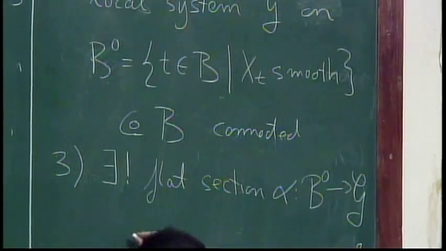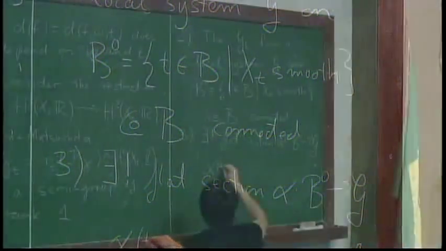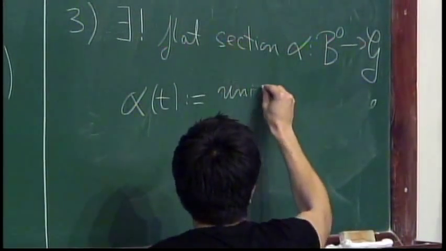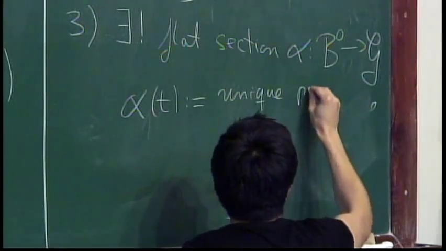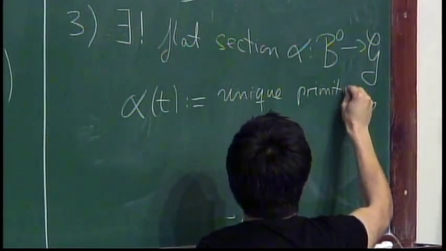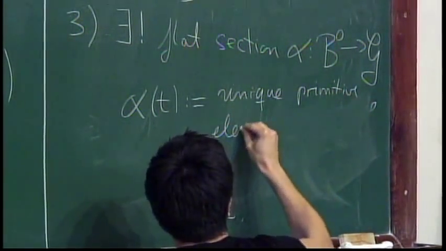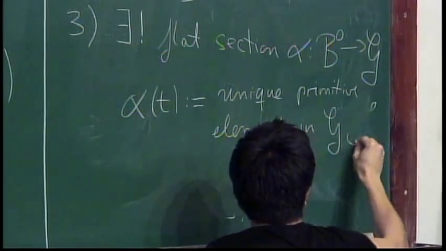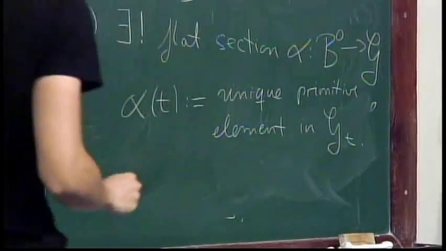Here we can just write it down. So alpha_t is defined as the unique primitive element in G_t.